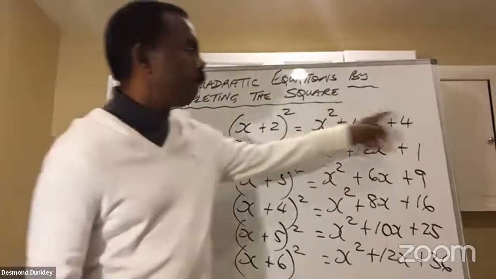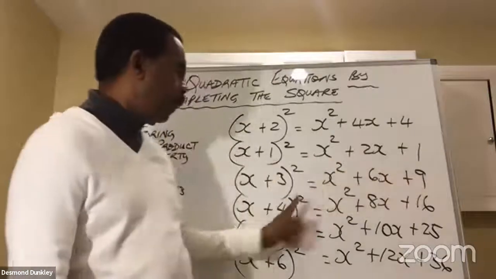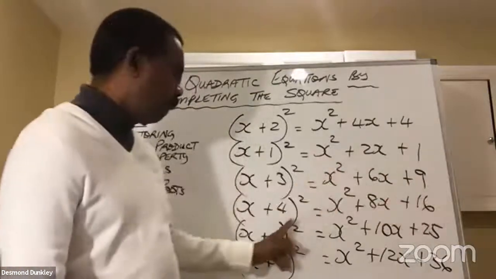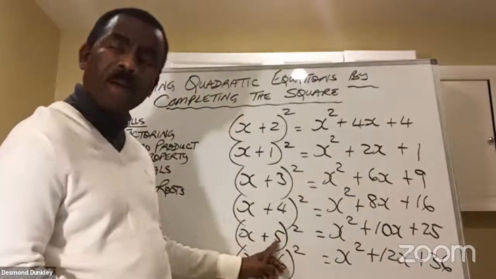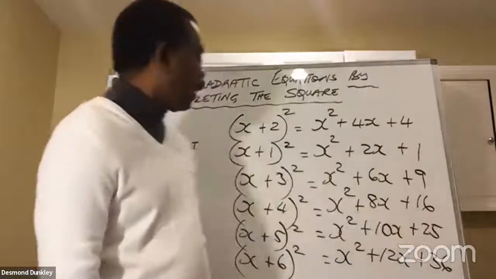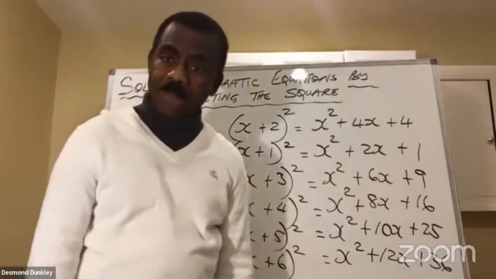So 2 squared, 4. 1 times 1, 1. 3 times 3, 9. 4 times 4, 16. 5 times 5, 25. So by squaring the number here, we get the constant. And by doubling the number here, we get the middle coefficient.